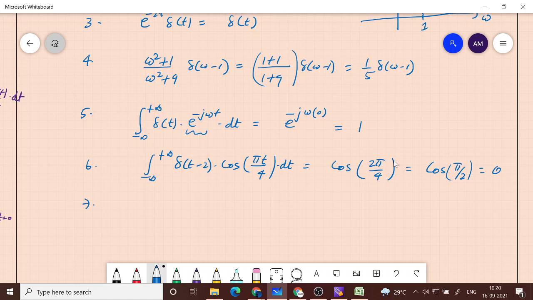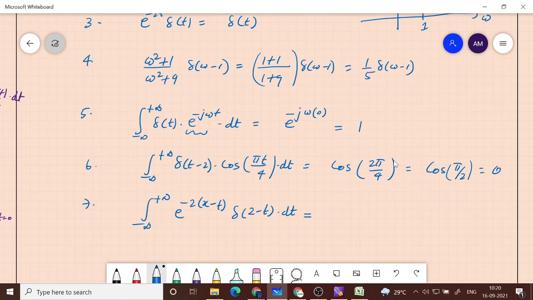Another one, integral from minus infinity to plus infinity, e raised to minus t, delta of 2 minus t dt. Just like we did yesterday about transformations, here there is an impulse function undergoing some transformation.